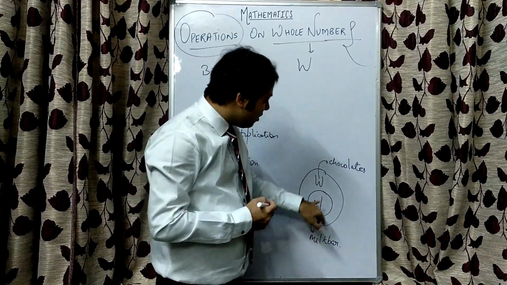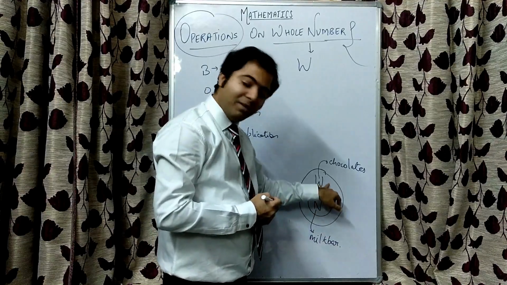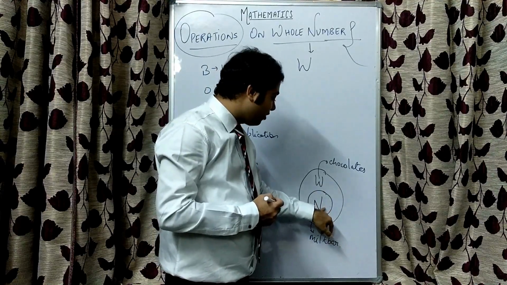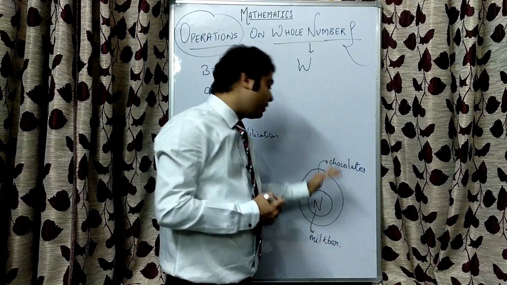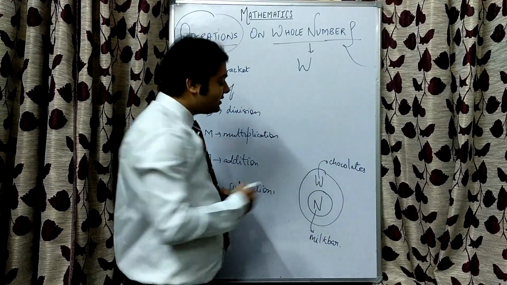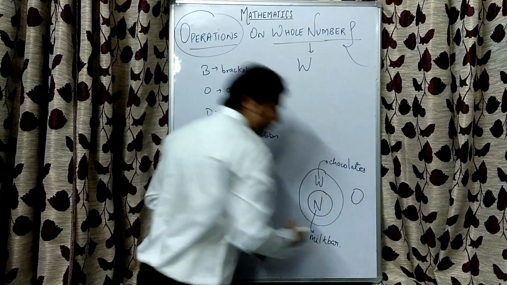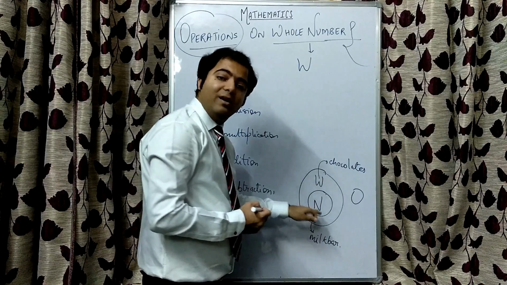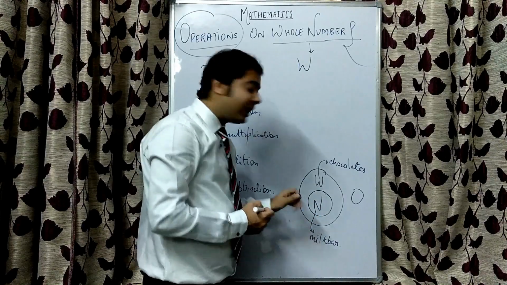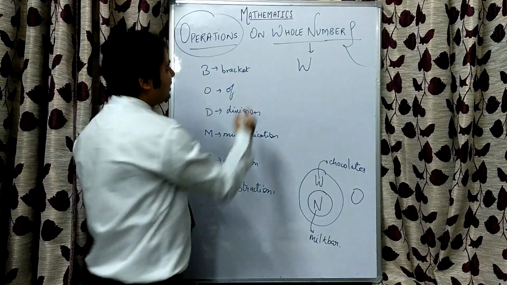In the same way, all natural numbers are whole numbers, but all whole numbers are not natural numbers. So what is making all the difference between natural numbers and whole numbers is a bit 0. That means 0 is there in whole numbers, which is not there in natural numbers. Right? So exactly what are whole numbers?